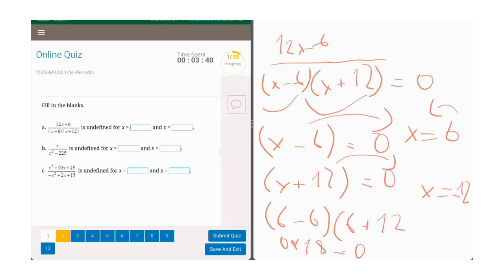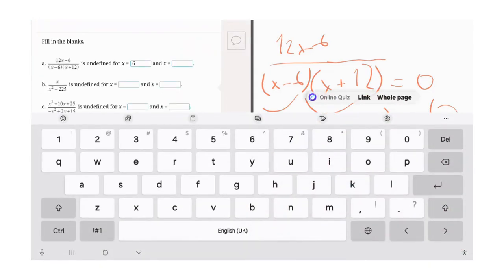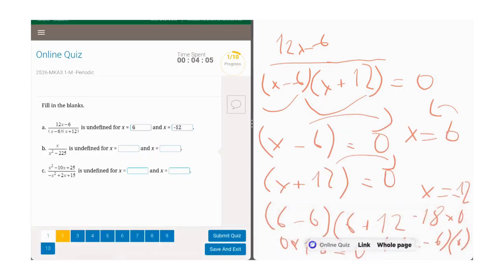If you try that with negative 12, you'll get negative 12 minus 6 multiplied by 0, so minus 18 multiplied by 0, you get 0 as well, which means the expression is undefined for both of these values, 6 and negative 12.